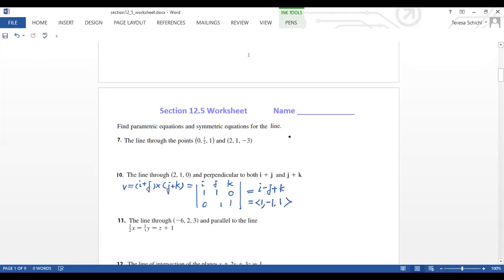Writing it in parametric form passing through the point: x equals 2 plus t, y equals 1 minus t, and z equals 0 plus t, so z equals t. This one is pretty straightforward.